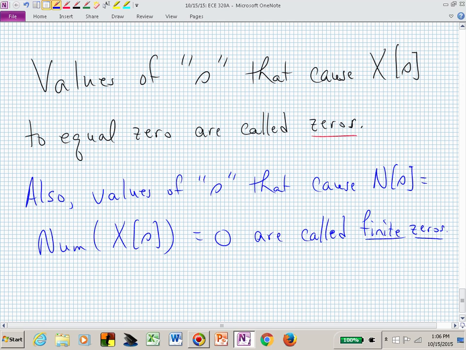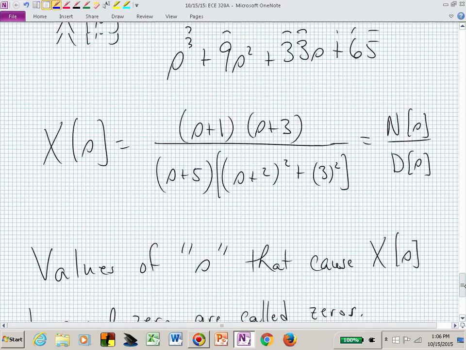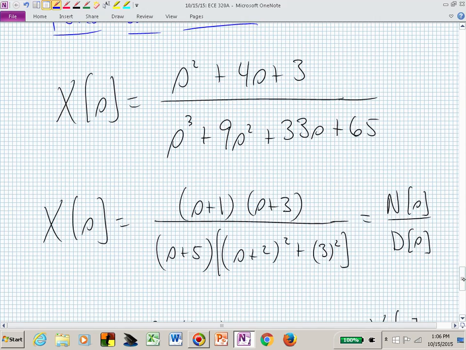Question? On the test, will there be anything that we need to factor like this? Probably not. What I may do is factor it into a product of quadratics, but you'll be responsible for determining if that quadratic has complex roots or real roots.